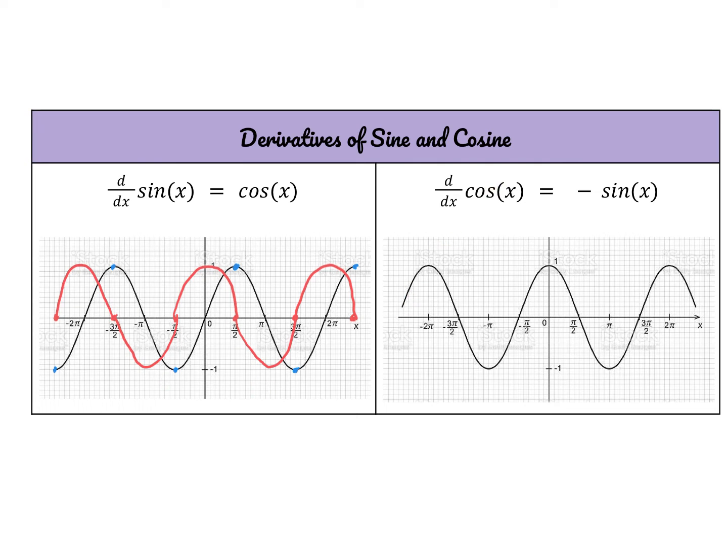Same idea if you look at the graph of cosine, which is right here. Let's first pinpoint where the slope of this function would equal 0, because that's when our derivative will equal 0. So that's when our derivative will cross the x-axis. And then let's look at the different intervals here. So from here to here, you can see that our slope is negative, so our derivative will be negative or below the x-axis. So something like this.